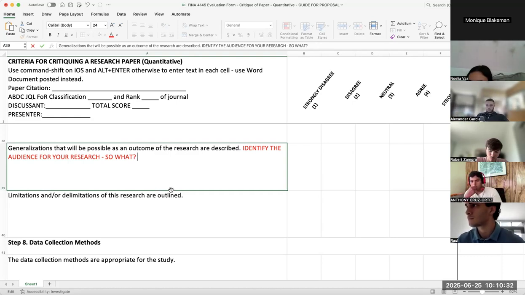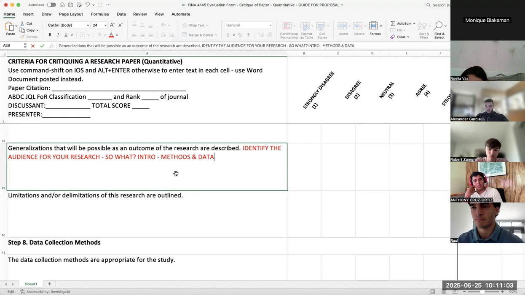This actually fits in methods and data and will be really important in the discussion section of the paper, okay? It can also go into the intro, methods and data.